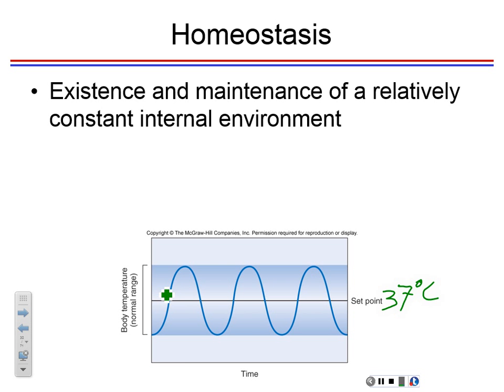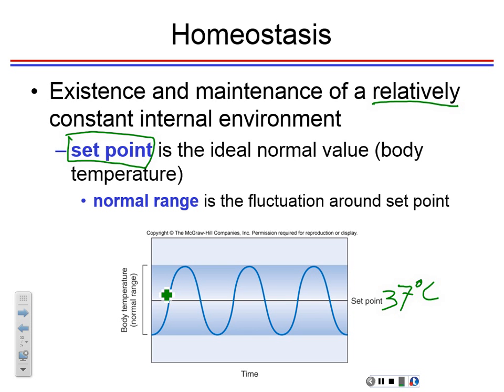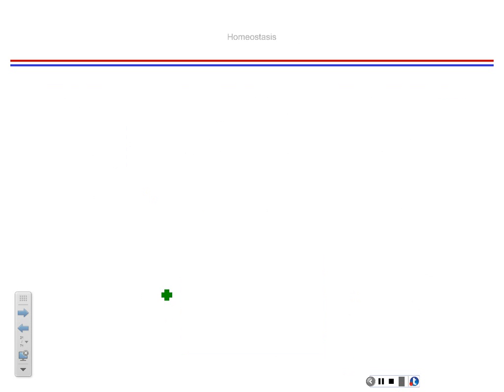So it's maintenance of a relatively constant internal environment, and it fluctuates around a set point. The set point is the ideal value, and everything fluctuates around it. That's why we say relatively constant, because it doesn't flatline. So the variables do fluctuate in the normal range.